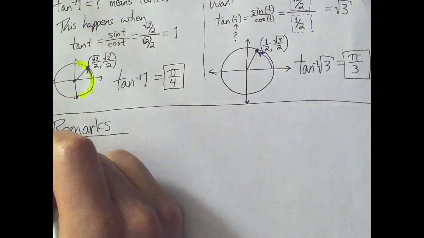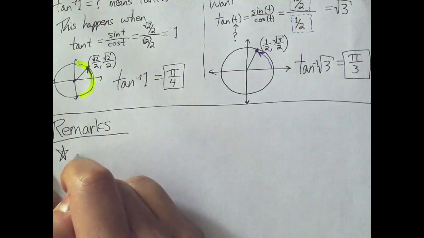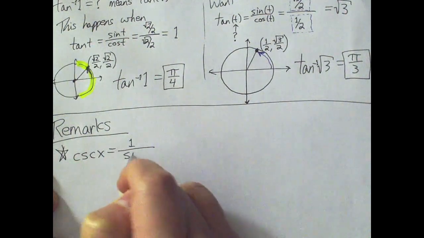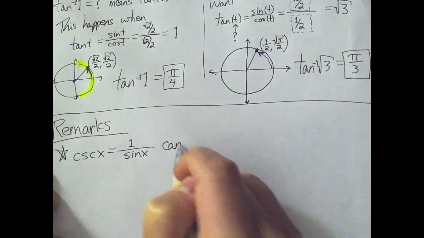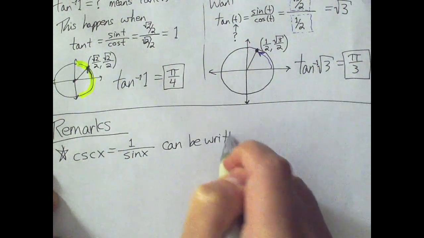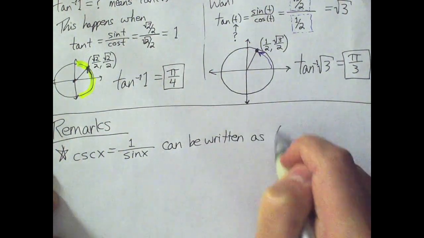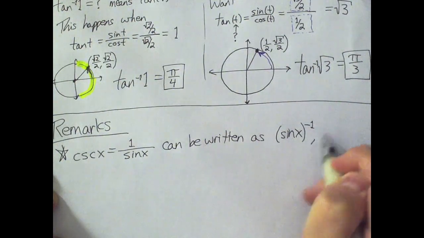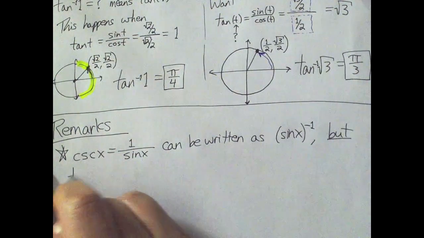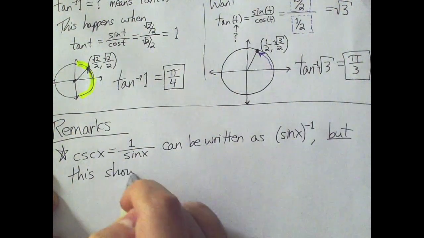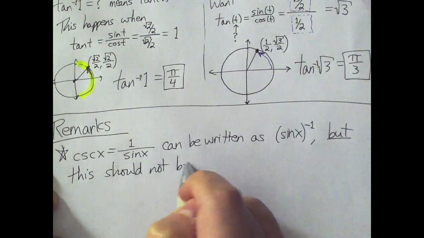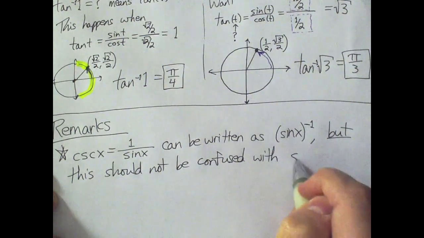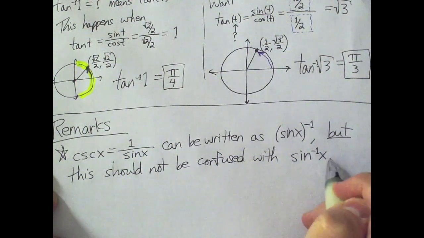So my first remark is that cosecant of x is 1 over sine x, and that can be written as parentheses sine x close parentheses raised to the -1. But this should not be confused with inverse sine of x.